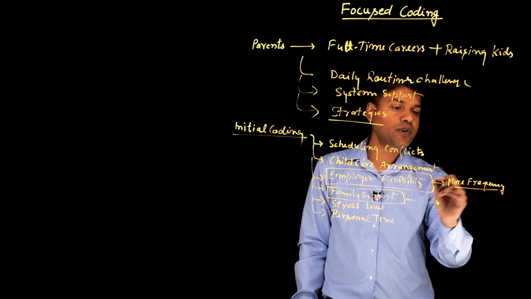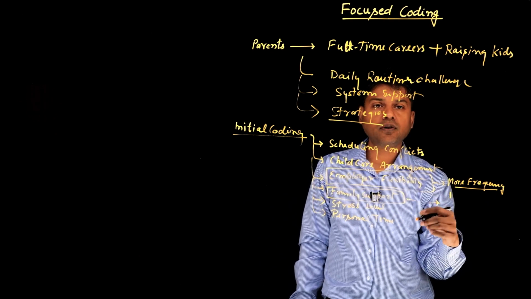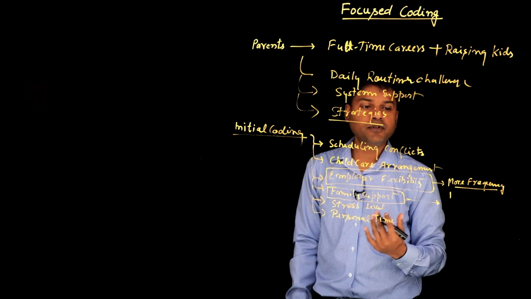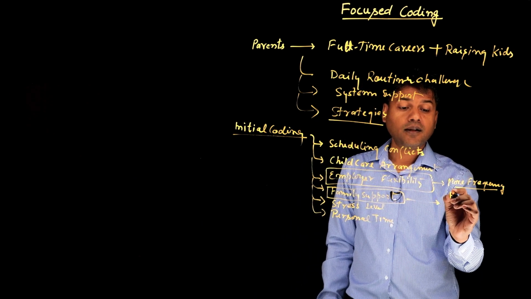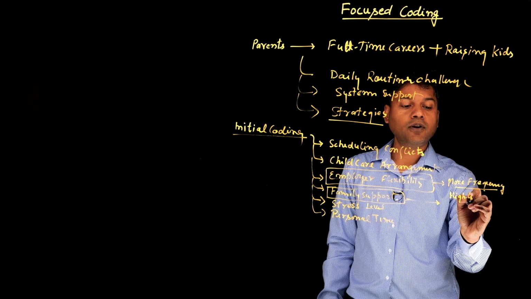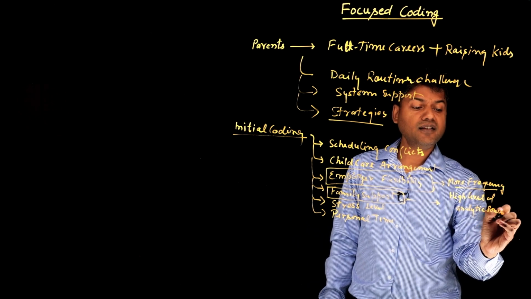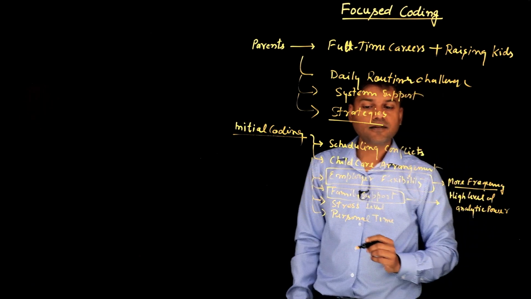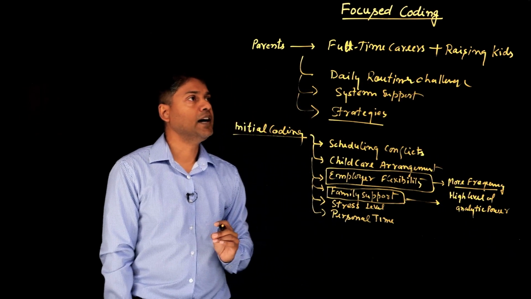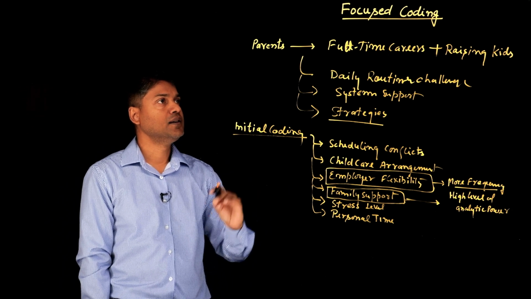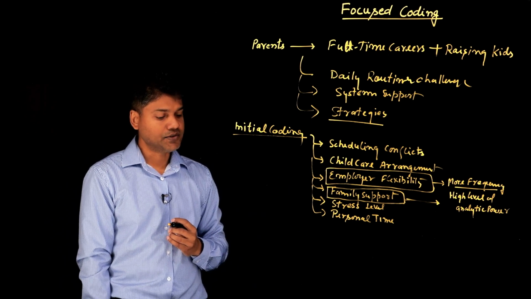So more frequency, and also based on my experience interviewing these people, it seems that these codes have a high level of analytic power to explain the phenomenon that I'm exploring, which is understanding how parents are balancing their full-time job careers and raising kids.